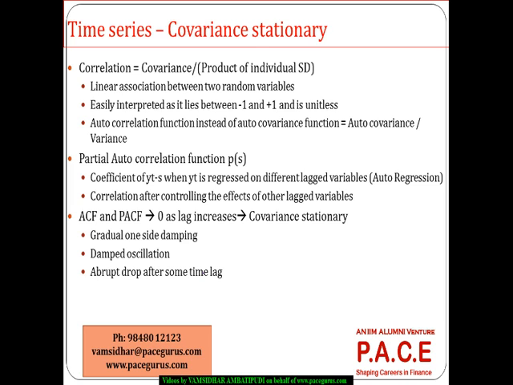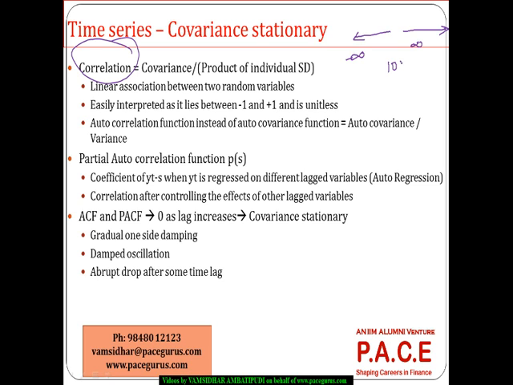Apart from covariance, I could even look at correlation, because correlation is a much better measure compared to covariance. The reason being, covariance has no boundaries. It could be a very heavy negative value or a very heavy positive value, literally between minus infinity and plus infinity. So I cannot say whether the relationship is strong or weak just by observing the value of covariance.